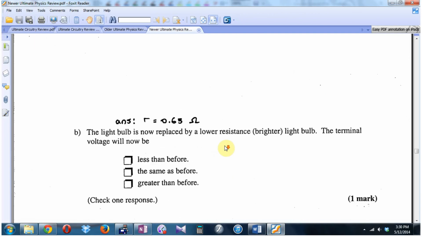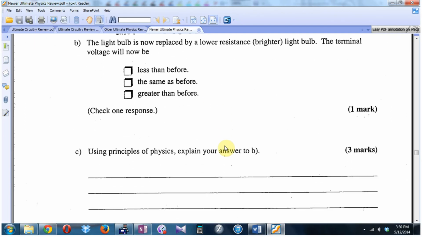Okay, what I liked is this one had a using principles of physics question. The light bulb is now replaced by a lower resistance, brighter light bulb. The terminal voltage will be, okay, cool.